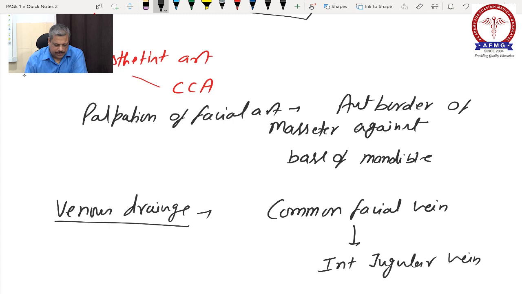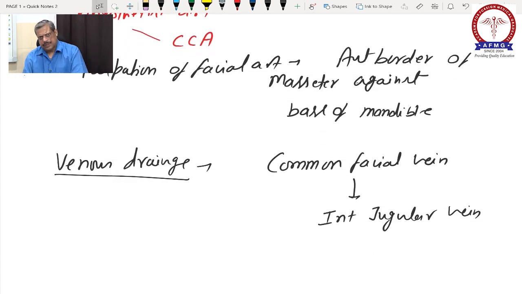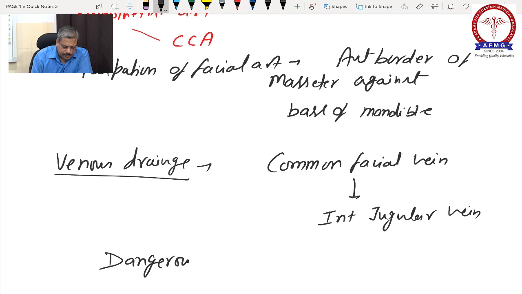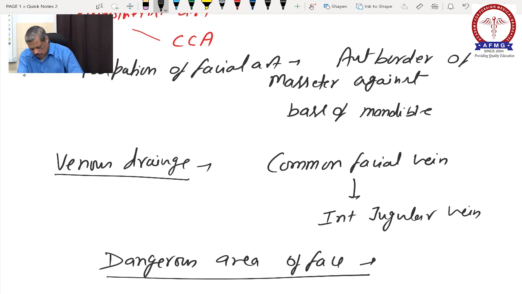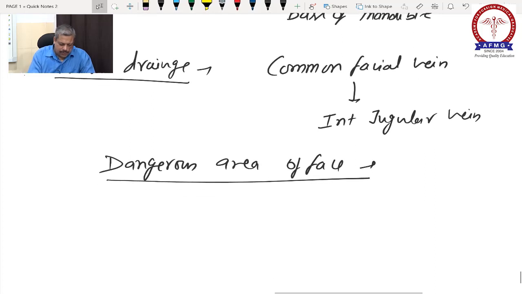Some other points regarding the venous drainage of the face: the dangerous area of the face. Like earlier, when we talked about the dangerous area of the scalp, this time we will talk about the dangerous area of the face. What part of the face is included?